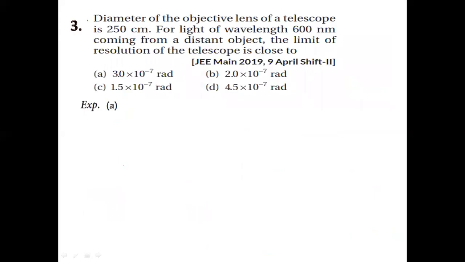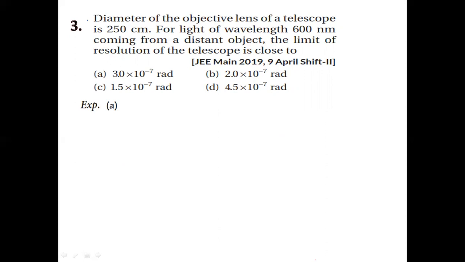Next question. The diameter of the objective lens of a telescope is given, and the wavelength. That means resolving power of a telescope and the limit of resolution.